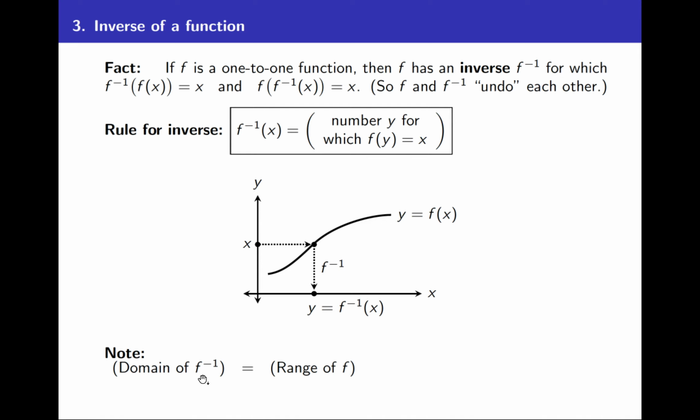So the domain of f inverse is the range of f. And likewise, the range of f inverse would be all of the output values for f inverse, and they're down here on the x-axis. They're things you could plug into f. So they're the domain of f. The range of f inverse is the domain of f.